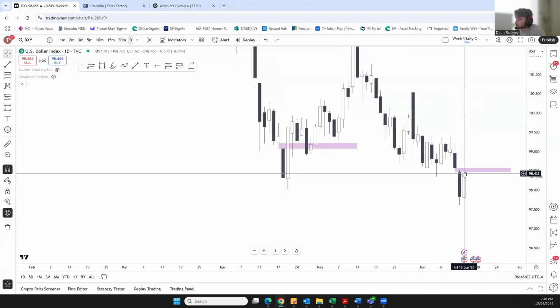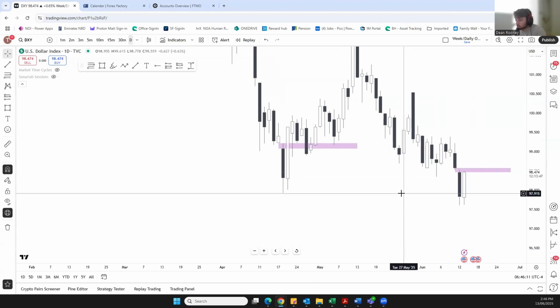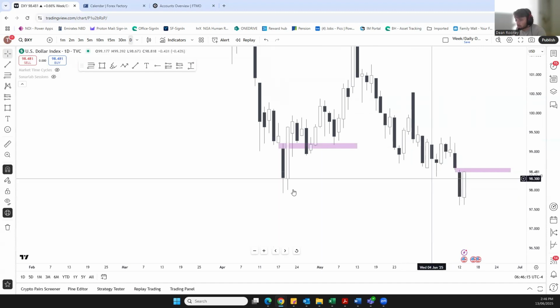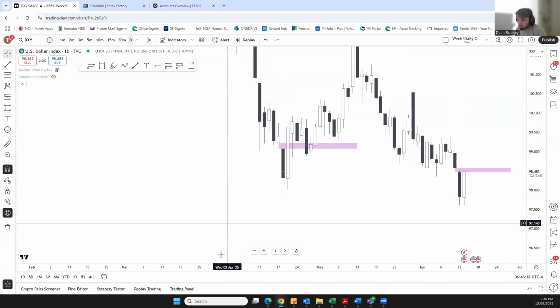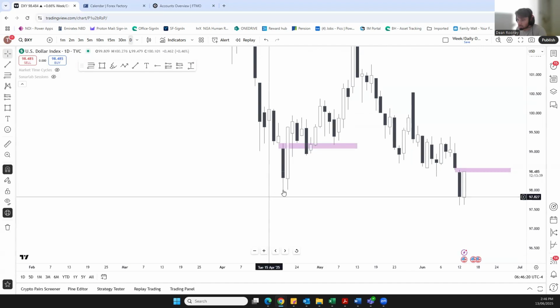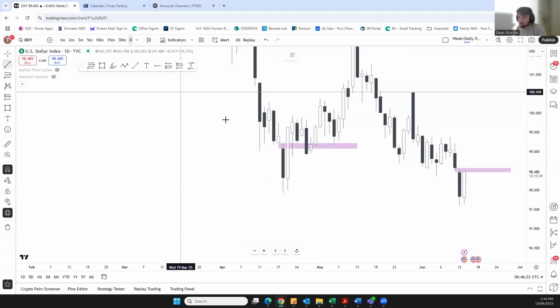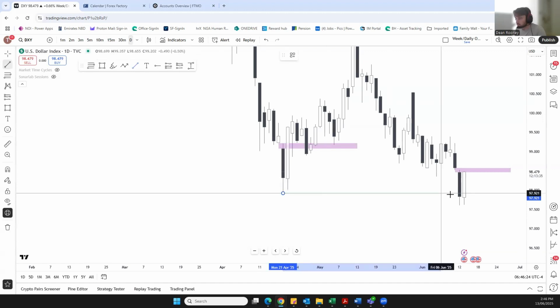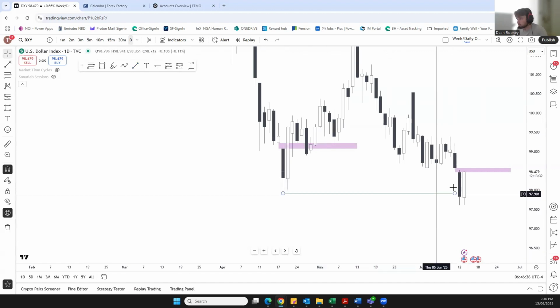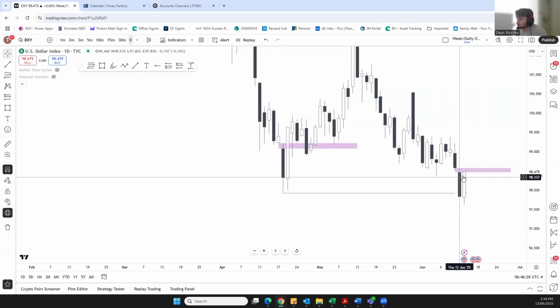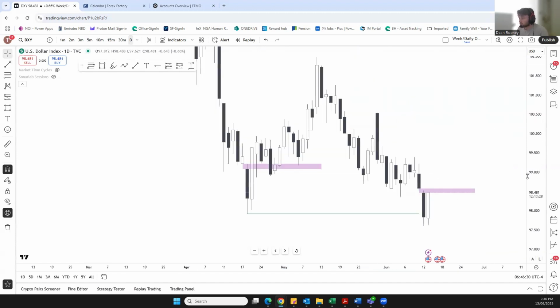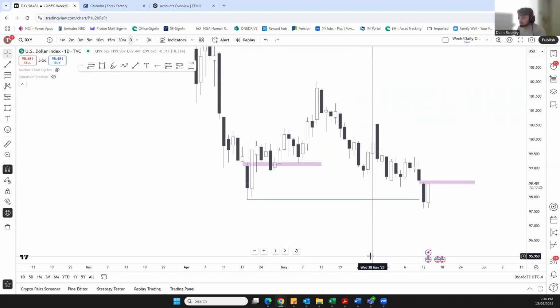Okay, so depending on how the day closes, if we're above here, next week, I'll be thinking, right, we're bullish on DXY. You'll see we've taken out some big liquidity here. We took that out yesterday. Some old liquidity, that was April to May, so it's April's low we've taken out here. Okay, so it's plausible that we now turn around and we start to turn bullish for a bit on DXY.